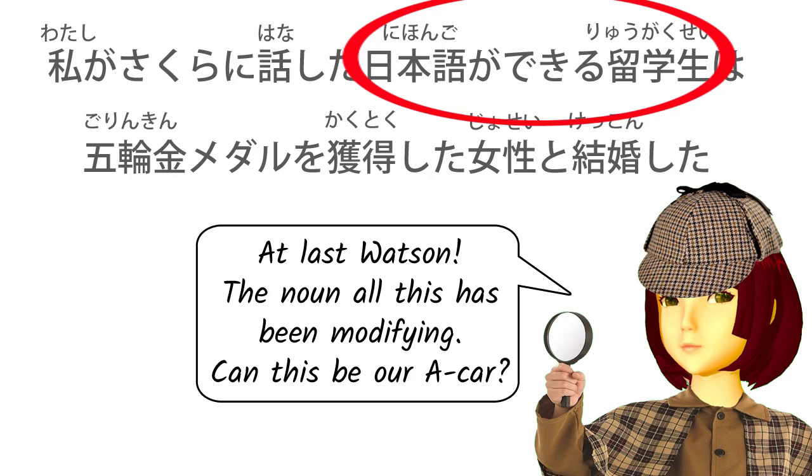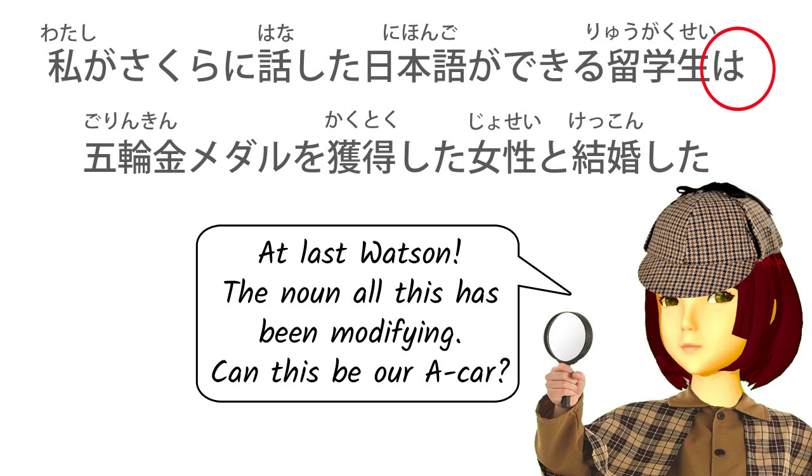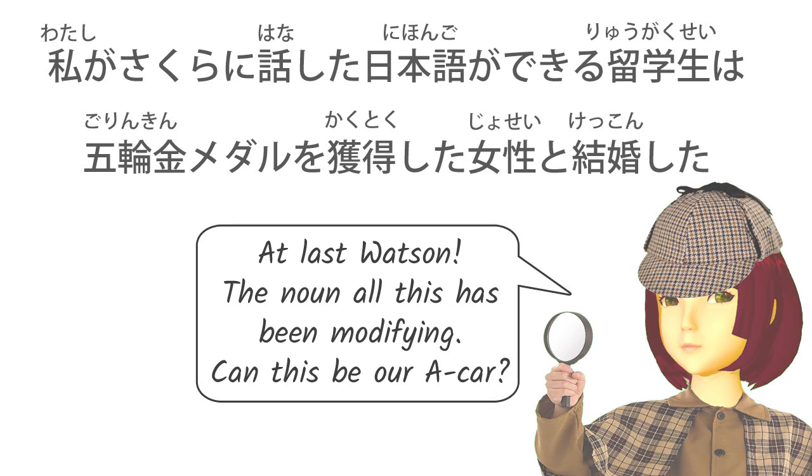The Japanese-speaking exchange student whom I told Sakura about. And then that's followed by wa. Now, Ryugakusei wa indicates it's very likely, isn't it, that this is going to be the topic of the sentence. And that the topic of the sentence is going to be the doer, the A engine of the sentence. But let's continue the sentence and see if that seems to be the case.